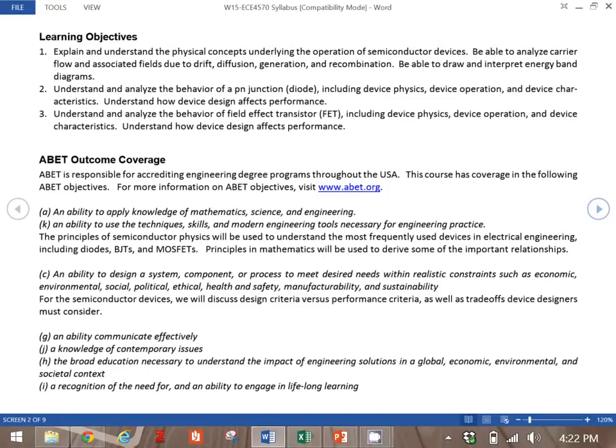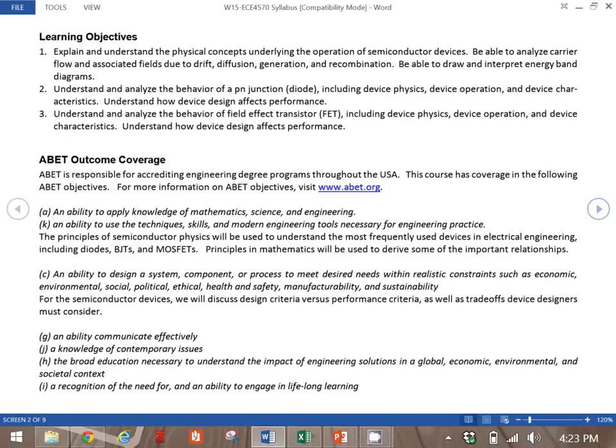Some more general stuff. I don't want to spend too much time on this, but an engineering program has to, in addition to teaching you the specific technical things, educate the next generation of engineers with some very general life skills or soft skills that you should have as a graduating engineer.